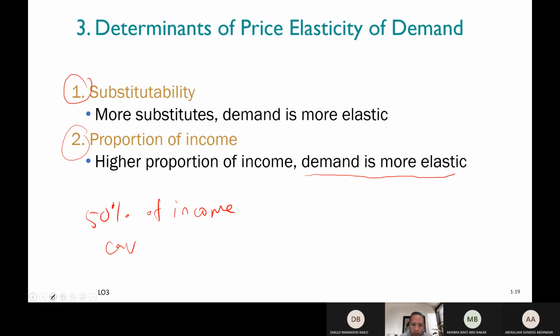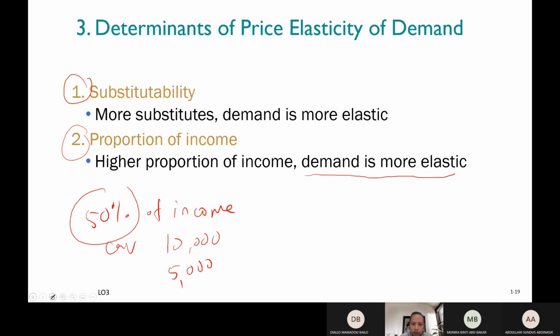Let's say his income is 10,000 and he pays 5,000 monthly for the car. If it's very high in terms of this proportion, then he would survey more, and he would easily try to change if there is a change in the proportion of income spent. So the higher it is relative to the income, the more likely he is to change.